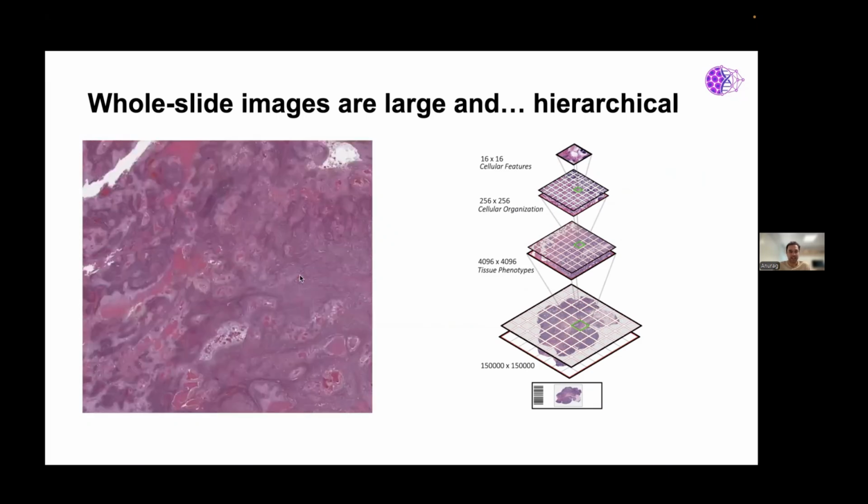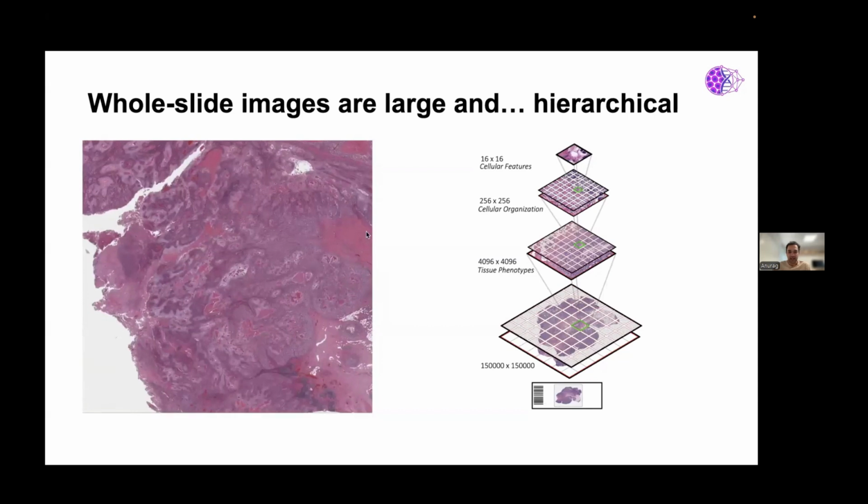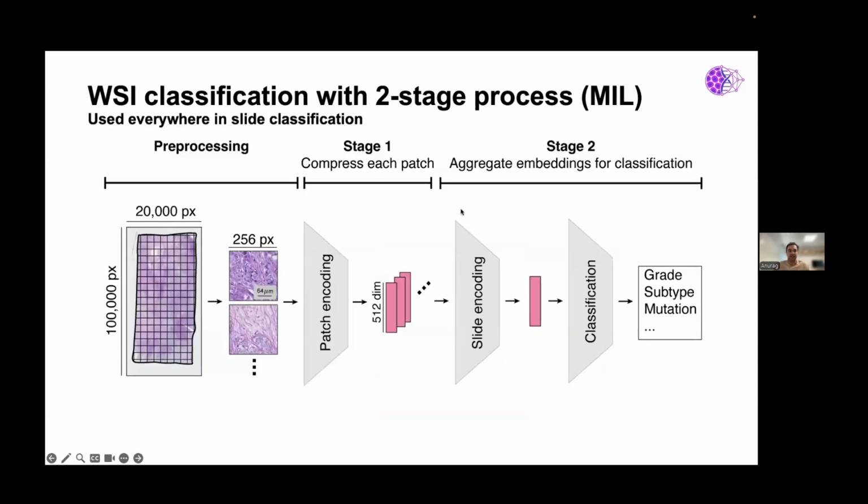And hence, it's not trivial to develop computational pipelines to analyze them or do any sort of deep learning on them. And the field has largely settled on a two-stage process called multiple instance learning to perform deep learning with these humongous slides. I'll refer to multiple instance learning as MIL for the rest of this talk.